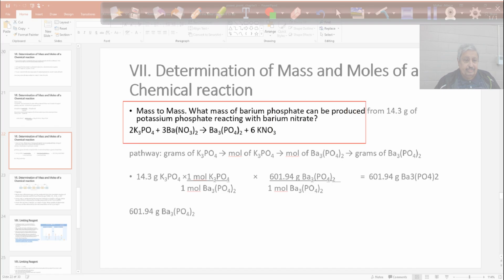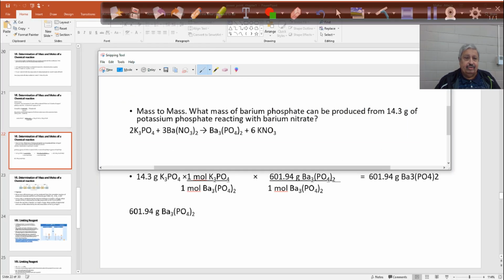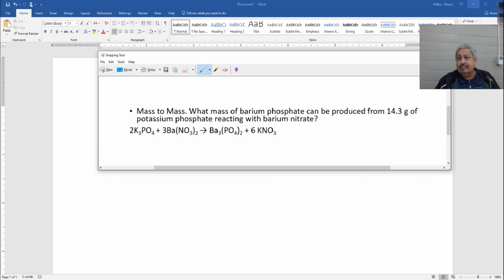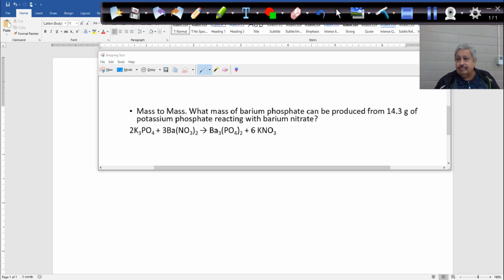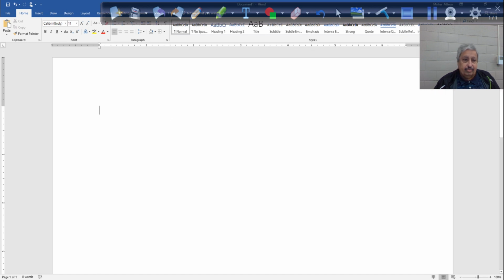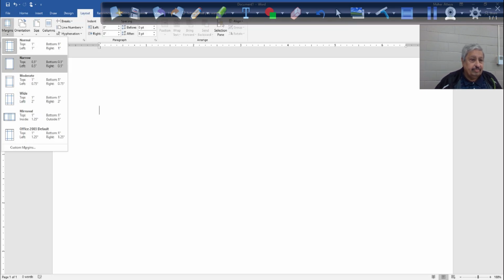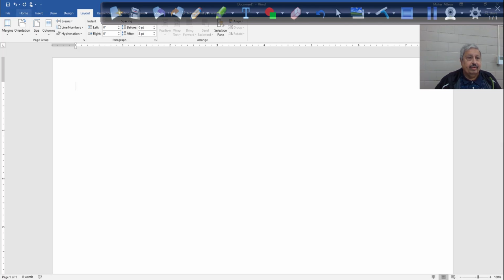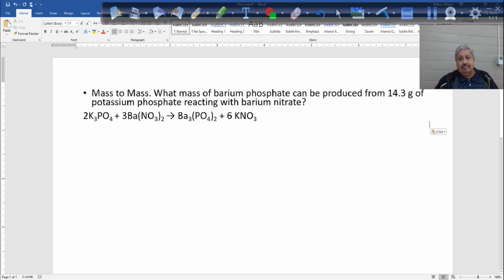So take this one here, copy, and I need the layout to be a little bit less. So yeah, that's good. I'm pasting the whole thing. Here it is. Now we have a chemical reaction.